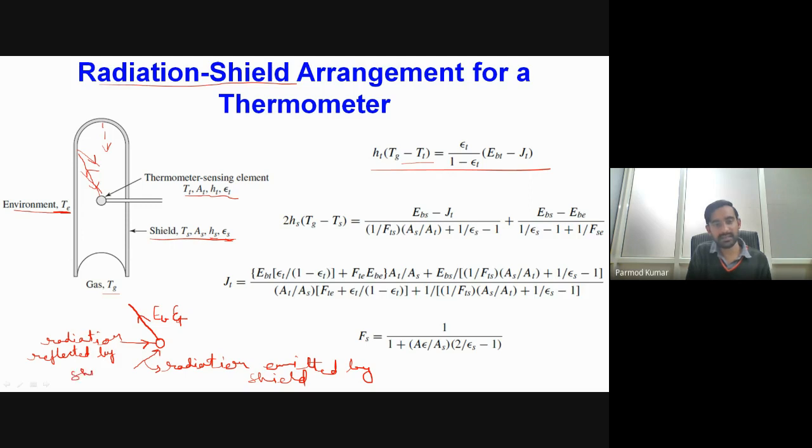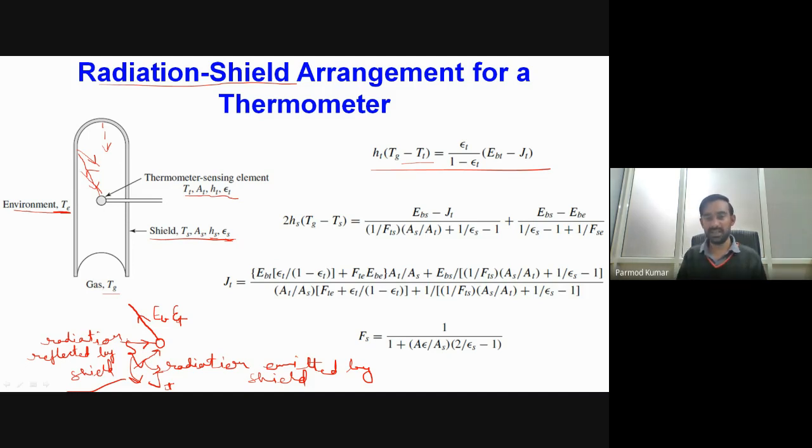These radiations correspond to reflection from the shield surface. Now these two contributions, we are joining them together and calling both of them JT.